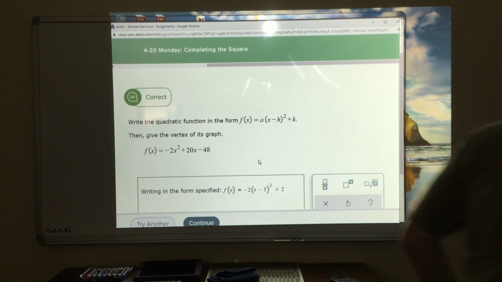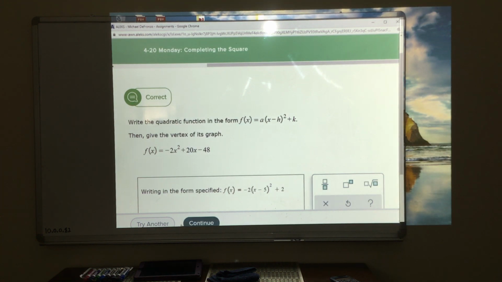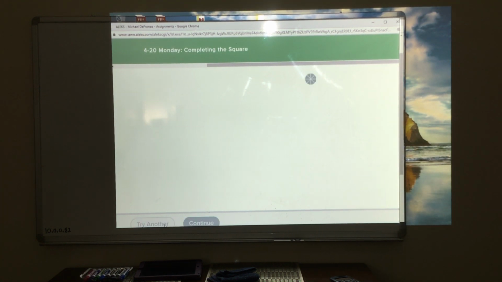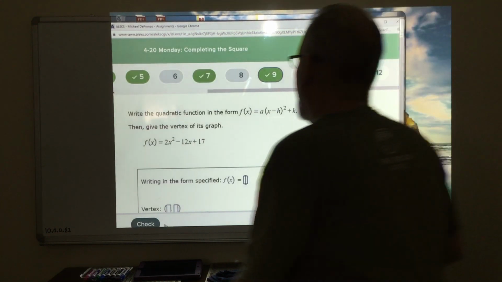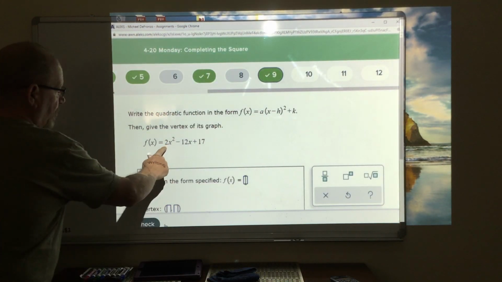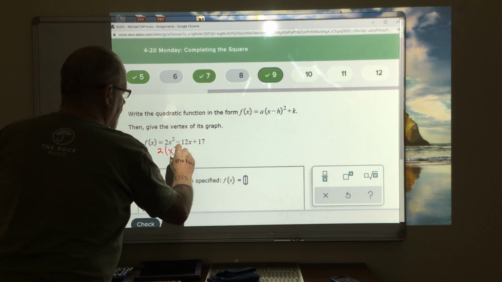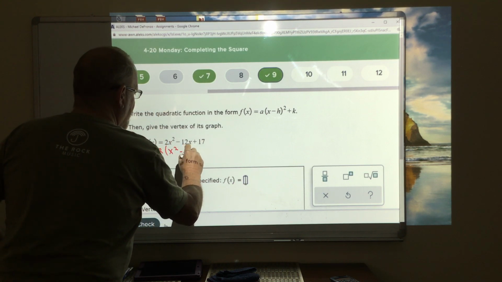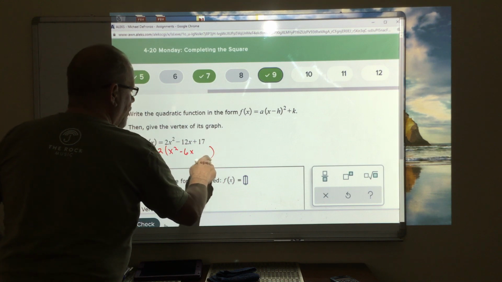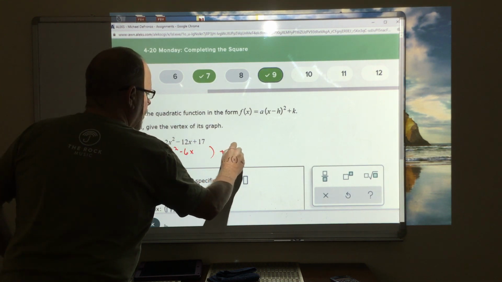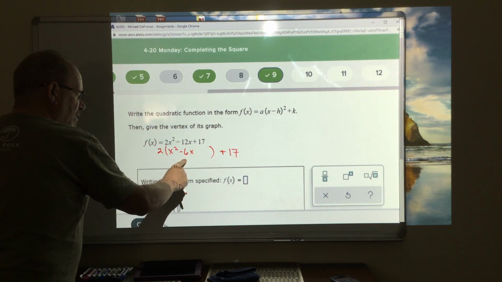Why don't I just show you one more? If you think you got it, try one. Okay? Why don't I just do one more? So I'm factoring 2 out of the first two. X squared minus 6x. And then I'm bumping this over here. I'm going to complete the square.